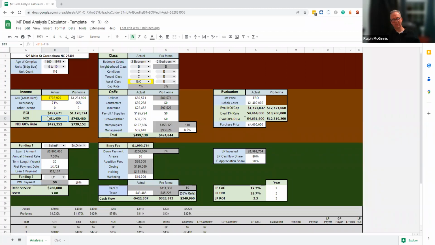Now, in this case, you see this property was at 71% occupied, and it actually has a negative NOI. It's losing money every month. So that's a case where an evaluation on this, of course, they're not going to hand you the property for free. They're not going to pay you to take the property off of their hands.